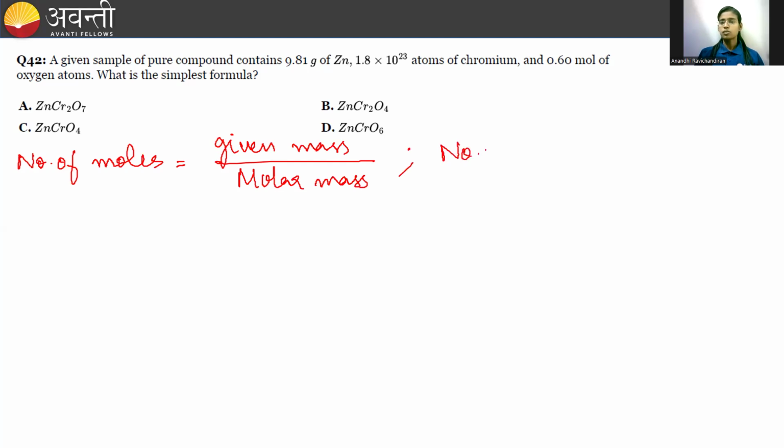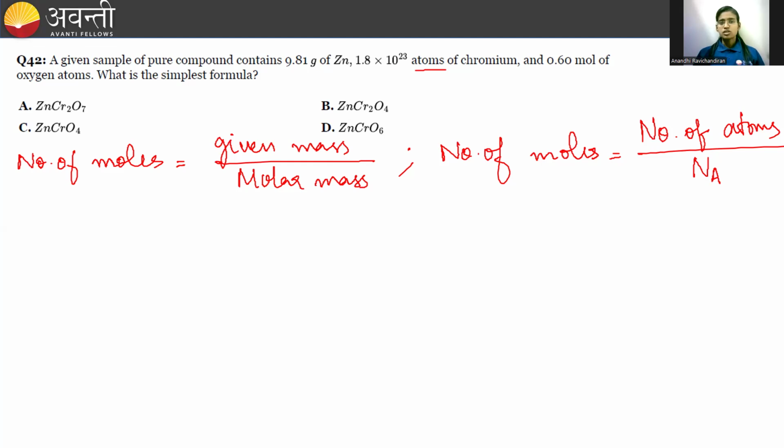And the second formula is number of moles is equal to number of particles divided by Avogadro number. And here the particle is atom. So the number of atoms divided by Avogadro number. Avogadro number is denoted by the letter Na. So using these two formulas, we can solve this question.